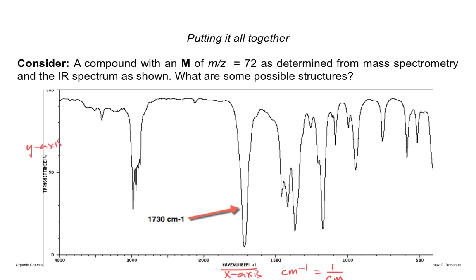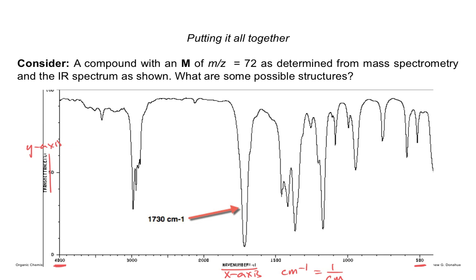On the y-axis is either transmittance or percent transmittance. So getting back to the x-axis here, on the left side you see that's 4,000 wave numbers, and on the right side is about 500.